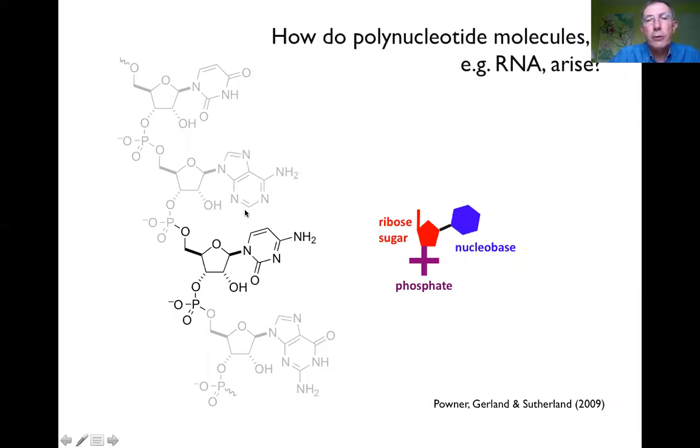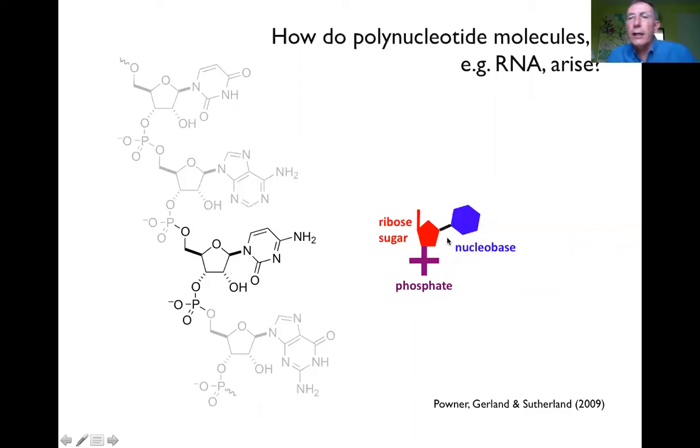And to the ribose sugar, you attach 4 very specific molecules, which are called nucleobases, and which are essentially the alphabet when it comes to the genetic code, the A, G, C, T of DNA or the A, G, C, U of RNA. And in this case, you see C and U here, the smaller cyclic bases, and the bicyclic bases, the purines, as they are called, adenine and guanine.